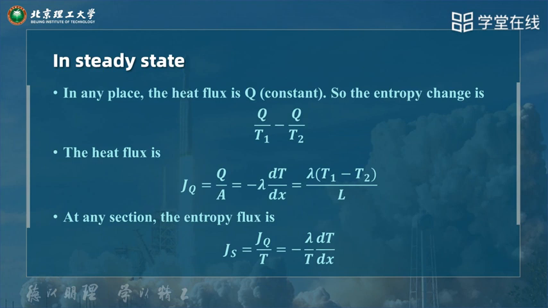So the total entropy change is Q over T1 minus Q over T2. The heat flux is easy to calculate: the heat transfer per unit area. So JQ, the heat flux, is Q over A, the section area, equals minus lambda dT over dx. dT over dx is the temperature gradient.